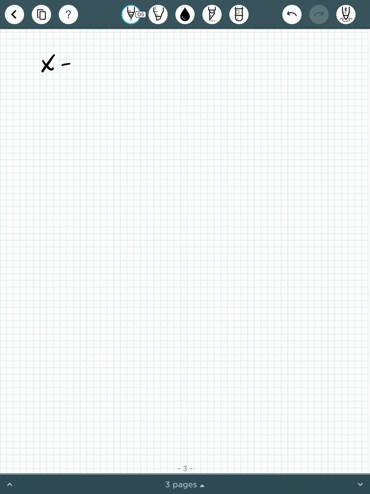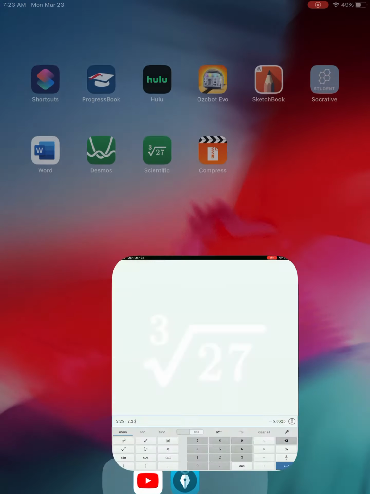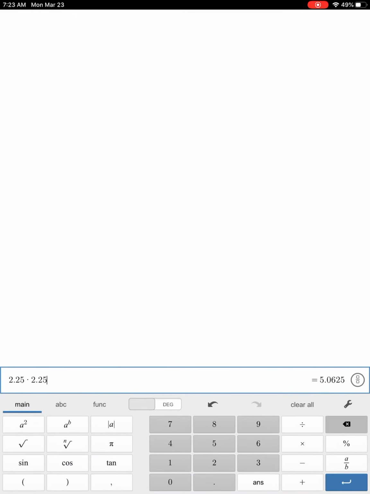If we go to the next page, so same thing. Now we can go ahead and undo by square rooting each side. The square root of 11.0625, let me check real quick.